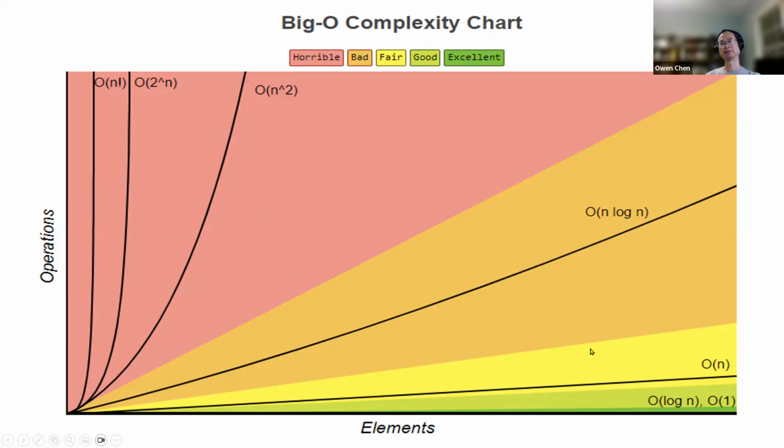Within polynomial, there is log n below the linear, and above the linear n squared, n cubed, etc. So you try to stay in polynomial, and then within polynomial, try to get to the most efficient one. Those above n log n are already classified as bad algorithms.